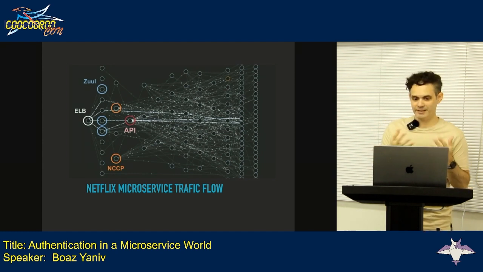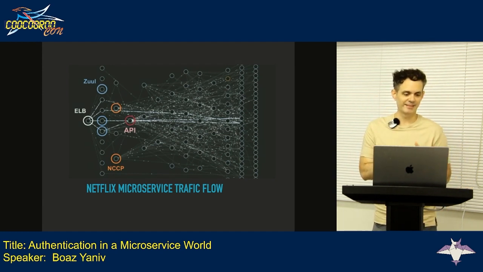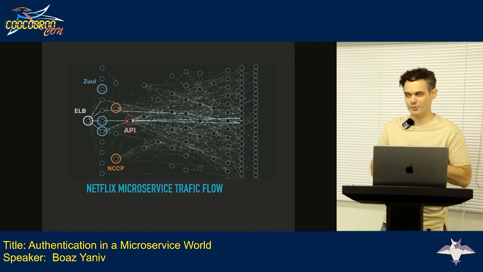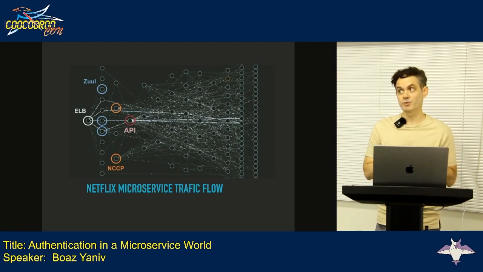You started getting things like this. This is a diagram that was presented by Netflix about 6 years ago. Netflix were a bit of an early adopter when it comes to microservices, but this is how a lot of companies look like today already.